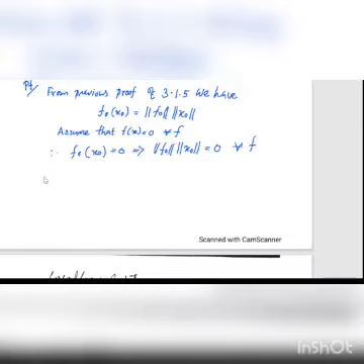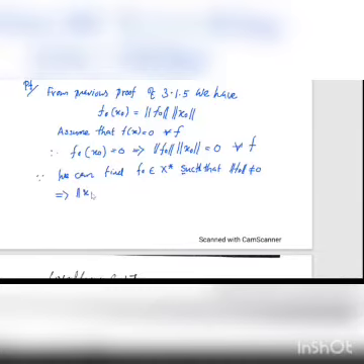Since we can find f naught belonging to x star such that the norm of f naught is not equal to 0, at least one such f naught should be there, which implies the norm of x naught is equal to 0, right?